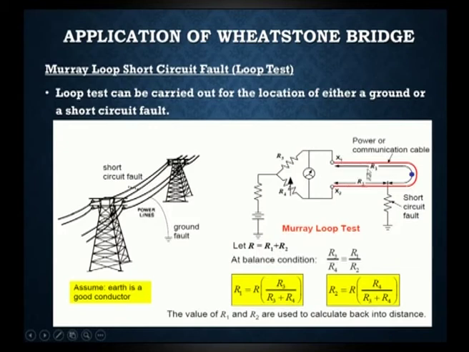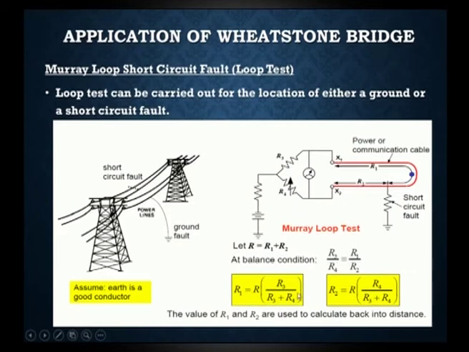Let R be equal to R1 plus R2. When a short circuit fault occurs, we can consider this as a power or communication cable. This communication cable will have a resistance equal to R1 plus R2, that is R. If we arrange this in Wheatstone fashion, at balance condition R3 divided by R4 is equal to R1 divided by R2.